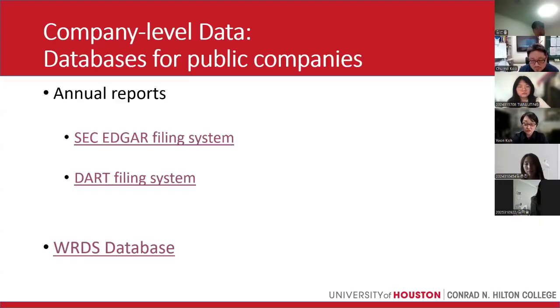If you want data access, you can find a way. But if you don't know what kind of data are available, you cannot even try. So that's the reason I wanted to share this database with students. Those data are available, and you can use them for your research purposes.